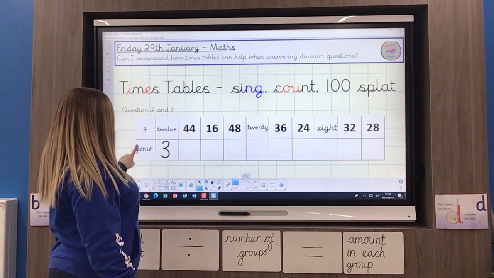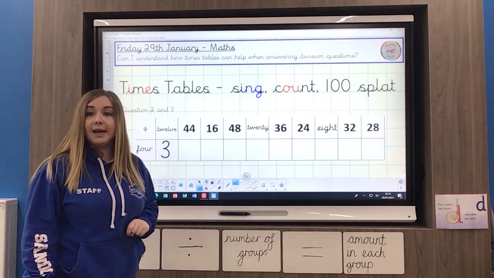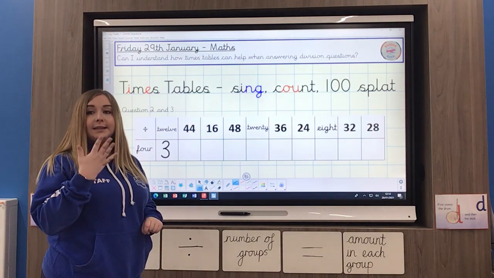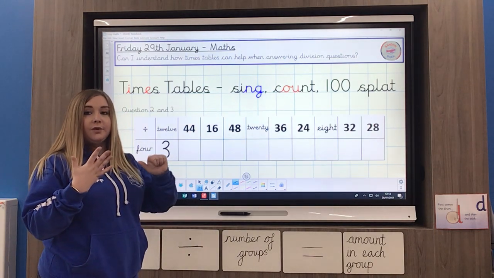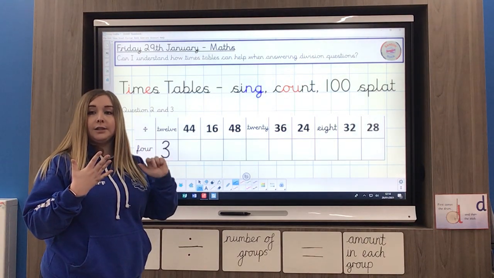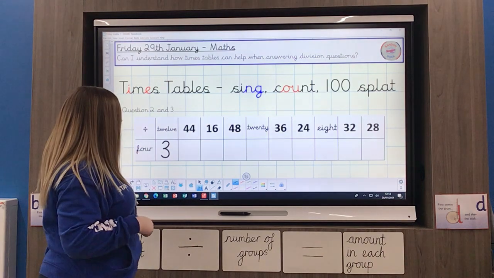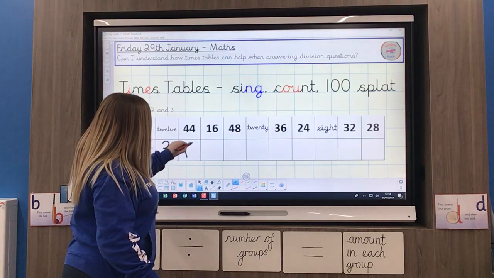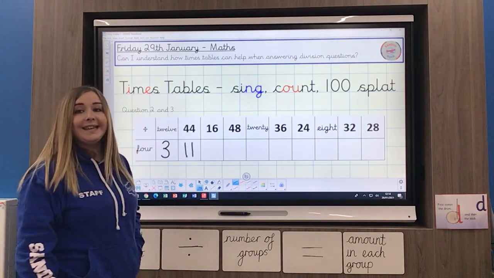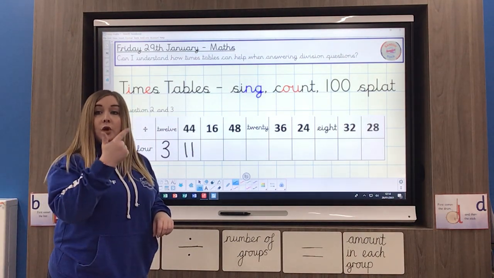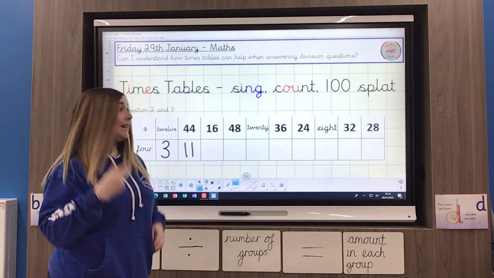44 divided by 4, let's count up in 4s until we get to 44. 4, 8, 12, 16, 20, 24, 28, 32, 36, 40, 44. So that one's 11. Going to work my way across. 16 divided by 4. 4, 8, 12, 16.